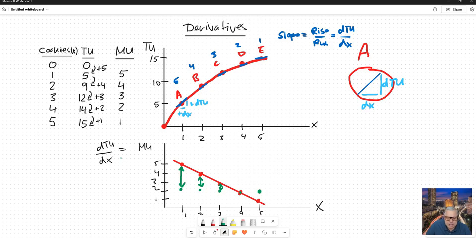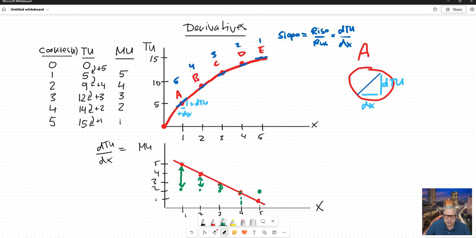So that means the utility maximizing consumption of cookies in this case is 4, because up to 4 cookies your marginal utility is always greater than the marginal cost.